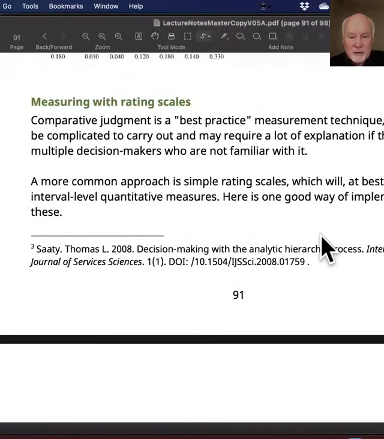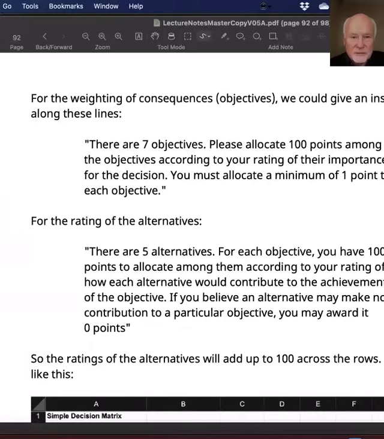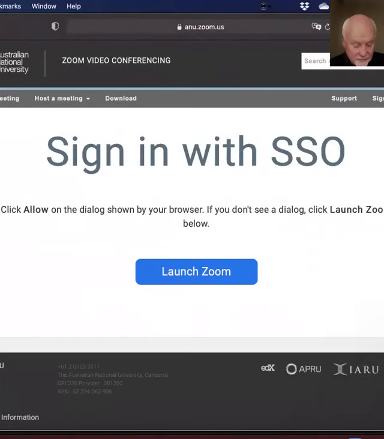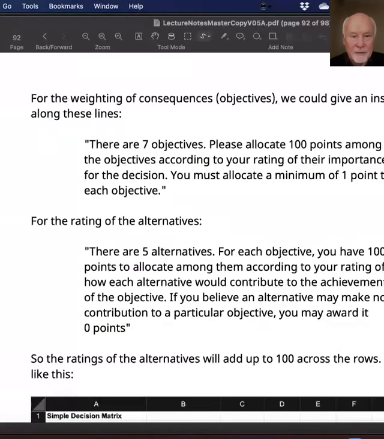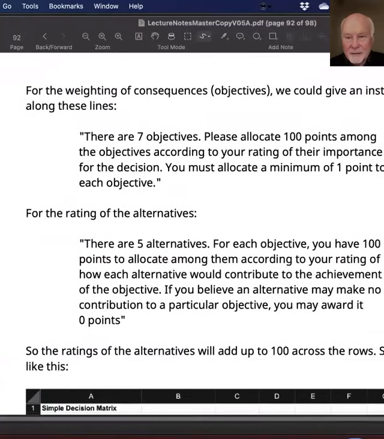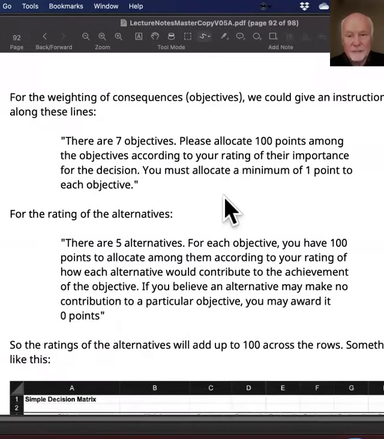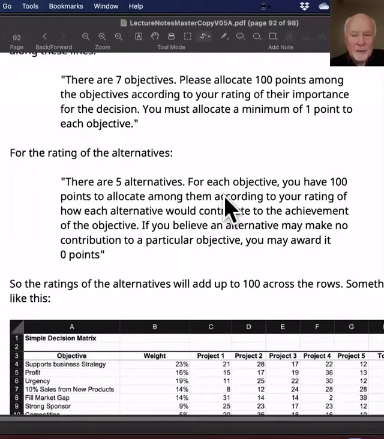So you can use rating scales, and the way you go about it is something like this. You'd have instructions for how to do the rating. For the example we've been looking at, you'd say there are 7 objectives. Please allocate 100 points among the objectives according to your rating of their importance for the decision.